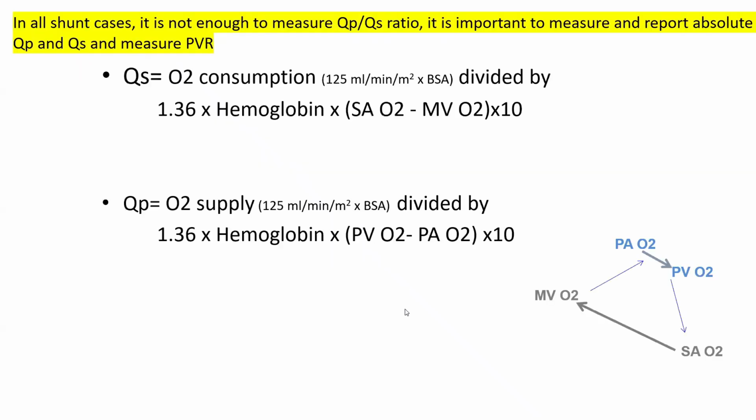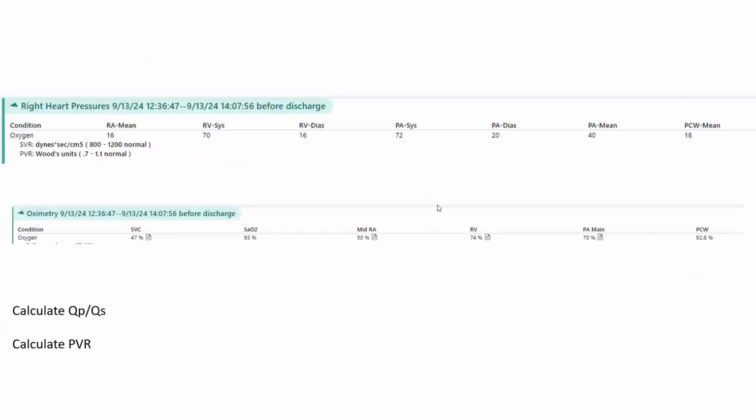Another point I highlight here, when we were doing the case, before we did the oximetry, I was bothered by that very wide PA pulse pressure. Why does this patient have a wide PA pulse pressure? Whenever you have a very wide PA pulse pressure, it's usually indicative of a high flow state. High output heart failures, or it could be a shunt that causes wide pulse pressure.